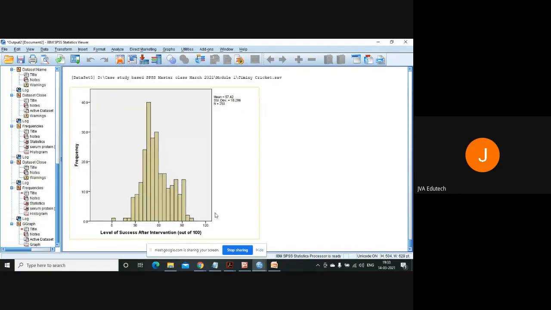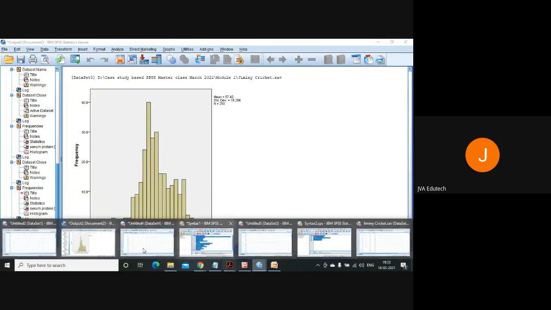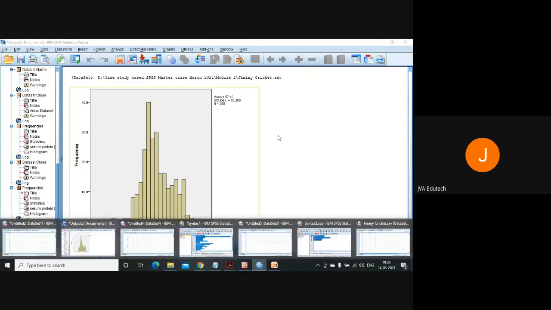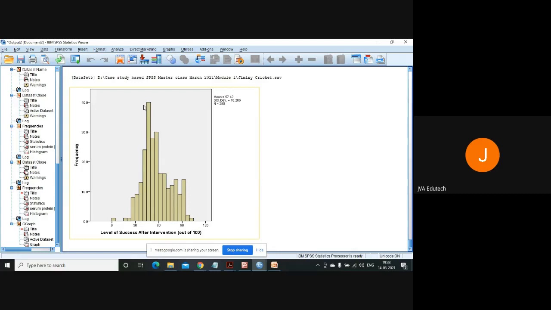And in the output, it will draw your histogram. Okay. Now, if you want to change something in your histogram, now this is the output. Now you'll see that this output doesn't have any labels, meaning what this histogram tells you.